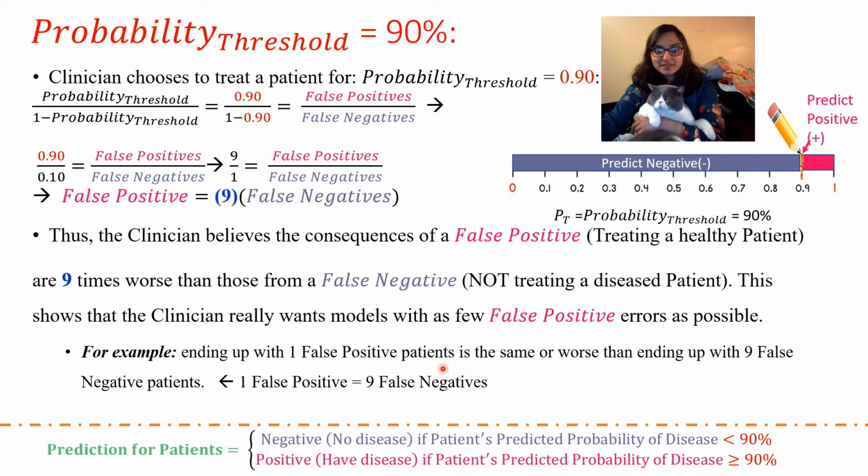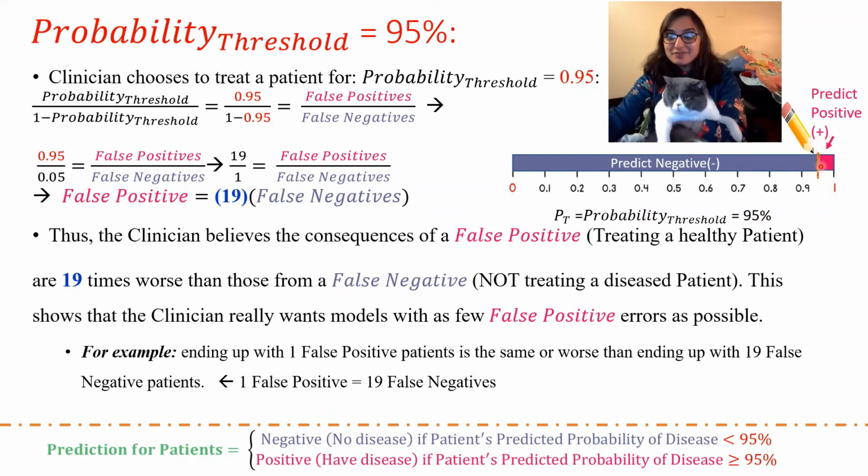Since 1 false positive equals 9 false negatives, for the clinician, preventing the healthy patient from going for unnecessary treatment, trying to prevent this false positive, is that same kind of a win as ensuring that we prevent 9 false negatives, that instead we send 9 patients who are diseased for treatment. So preventing 1 healthy patient from getting unnecessary treatment is the same kind of a win as sending 9 diseased patients for treatment. That's what it kind of means in a way.